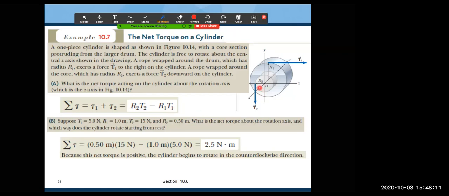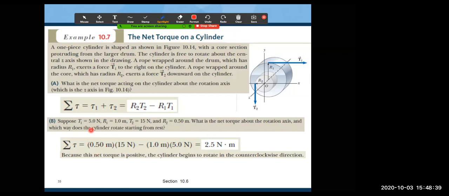On the other hand, the tension T2 is causing an anti-clockwise rotation, so R2 times T2. The net torque would be the sum of the torques, so R2 T2 minus R1 T1, because they are generating rotations in different senses. So you have a minus sign for R1 T1.